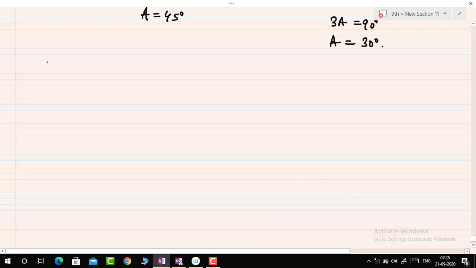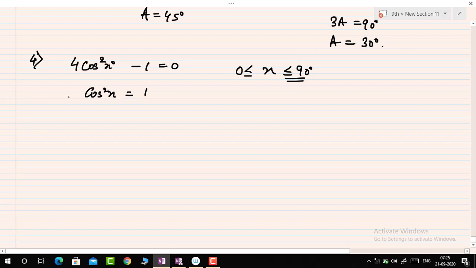Now come to question number 4, 23C. In question number 4 it is given 4 cos square x degree minus 1 is equal to 0, and here x is given that it is greater than or equal to 0 and less than or equal to 90 degrees. So first I'll solve this expression. So cos square x equals 1 upon 4.